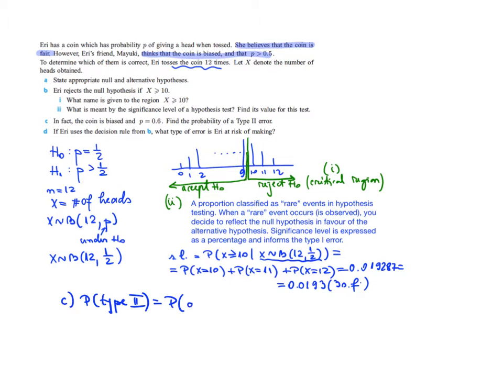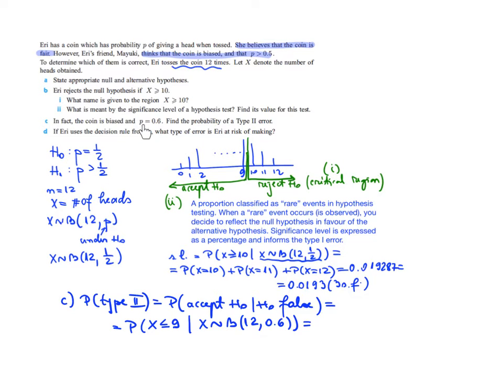It's probability of accepting H0, and that's my accepting region, on the condition that H0 is false. So x smaller than or equal to 9, but this time, when H0 is false, H1 is true, and I need to be given what is that new probability, 0.6. So it's probability of x smaller than or equal to 9 on the new distribution, and that's a probability of a type 2 error.